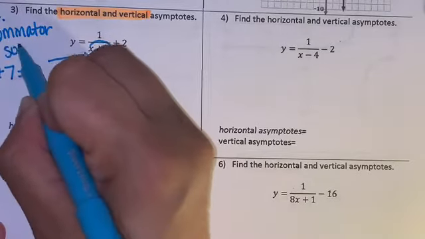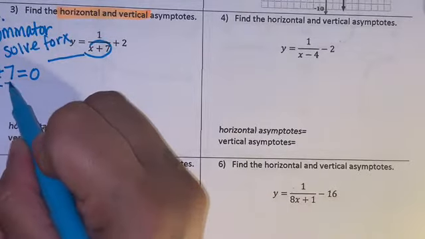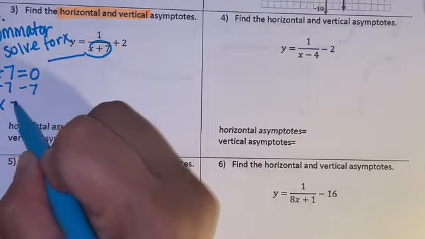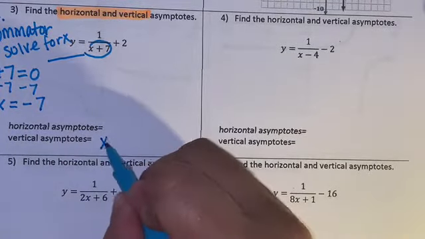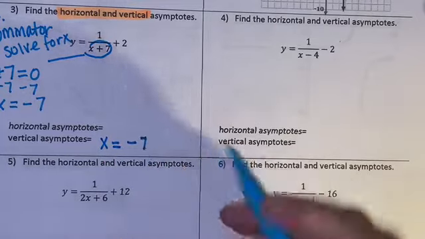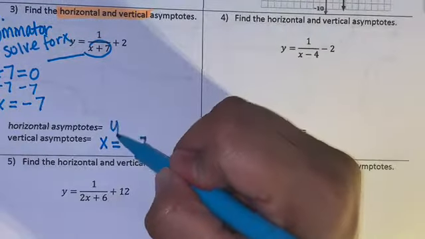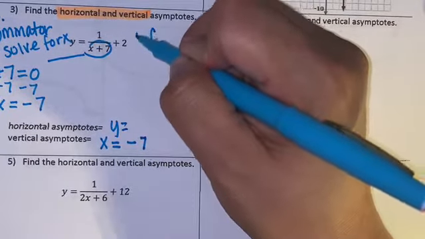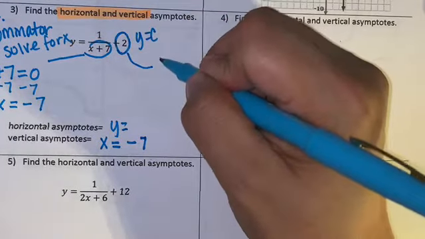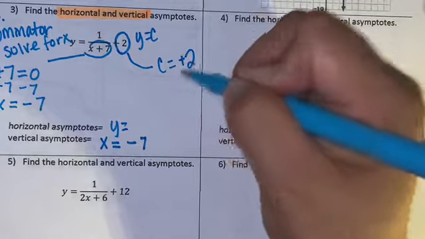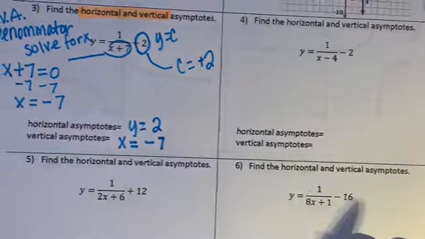And you're going to solve for x. So minus 7, x equals negative 7. That's going to be your vertical. x equals negative 7. And for your horizontal, remember that's y equals c. This right here is your constant. So c equals positive 2. So it's going to be y equals 2. I don't know if you can see all that.